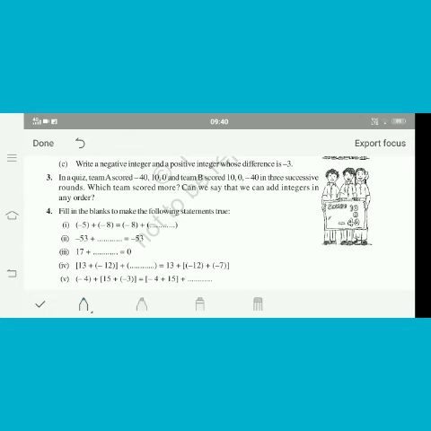So in this case, we just have to write minus 5 in the bracket, and the answer is complete.